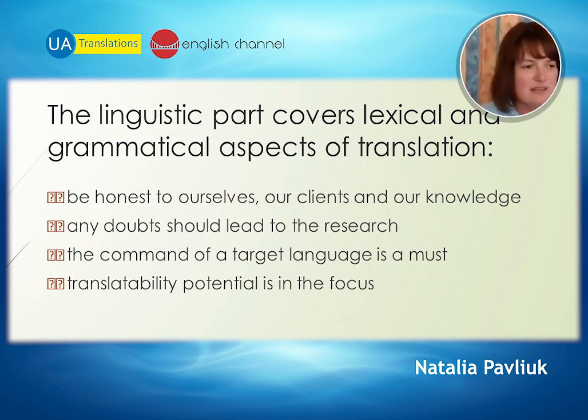I'm working on the idea of what I call translatability potential. So each linguistic unit, from lexemes or words, and simple grammatical structures, up to the whole text, has some potential to be translated, and some coincide.